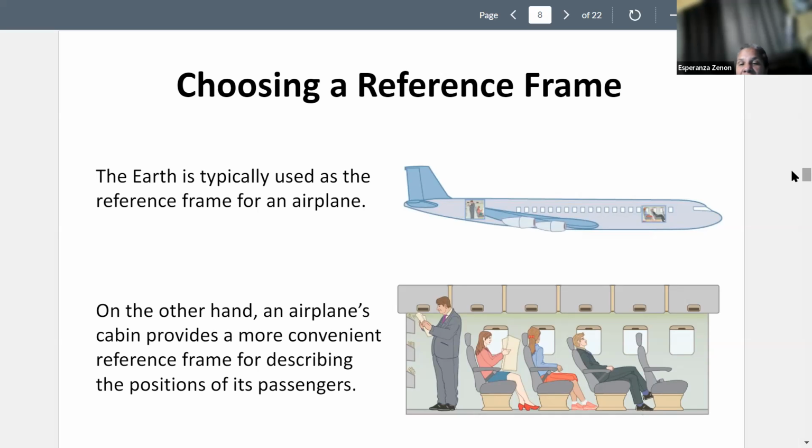The plane is moving, you're moving, but if we look at your position with respect to the plane, your position's not changing. But now if we look at your position from the reference frame of the Earth, then definitely you're moving, okay? So where's your reference frame? And choose it as simple as possible, okay?